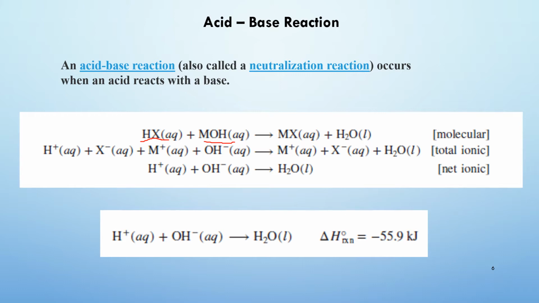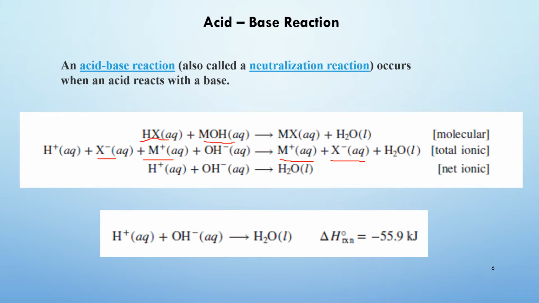But if you separate each ionic compound, each acid and base, into their corresponding ions, you can write the formula in this way, and that's called the total ionic equation. Because this X minus and the metal are the spectator ions, we can delete them. So the net ionic equation is a proton plus hydroxide gives you water.